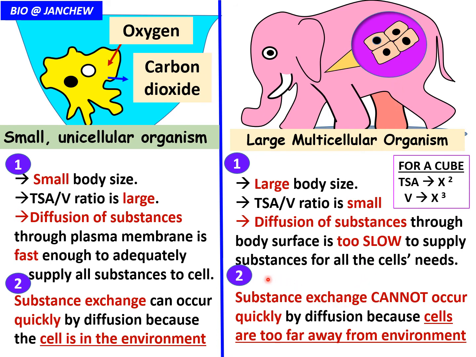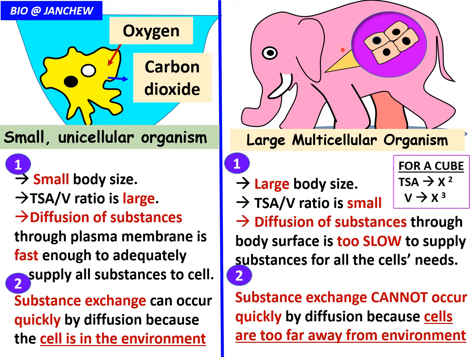So the second point as to why large multicellular organisms need a transport system is that the exchange of substances cannot occur quickly by diffusion through the body surface for these organisms, because some cells, the internal cells, are too far away from the environment. For example, the cells of the heart, the cardiac muscle cells, or the liver cells.